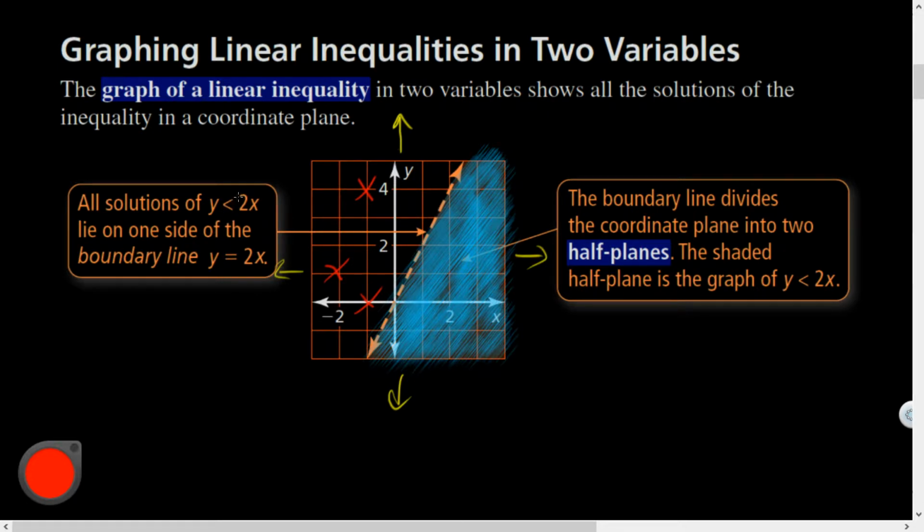Now, because this is strictly less than, that means points on the line are actually not solutions either, which is kind of weird, right? The solutions are everything up to that line, but not including it. So here's a solution, there's a solution, right? All of these points would be solutions. All right, everything up to the line, but not including it.